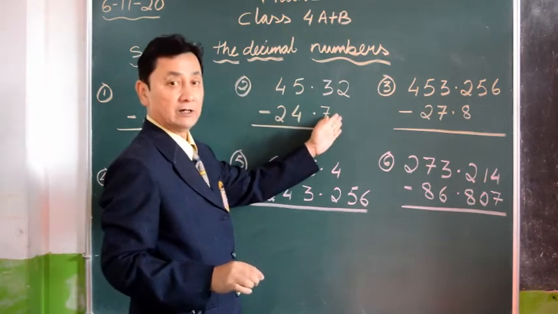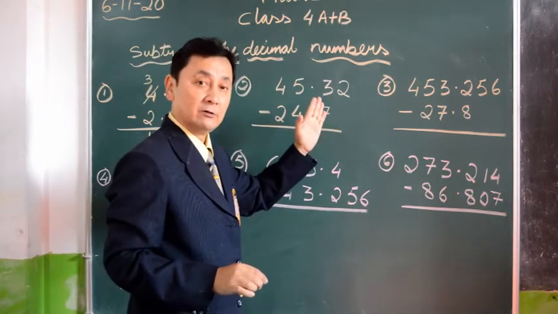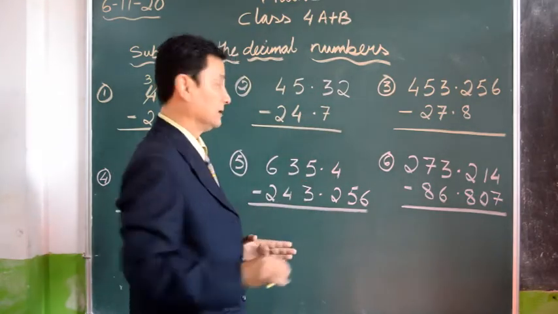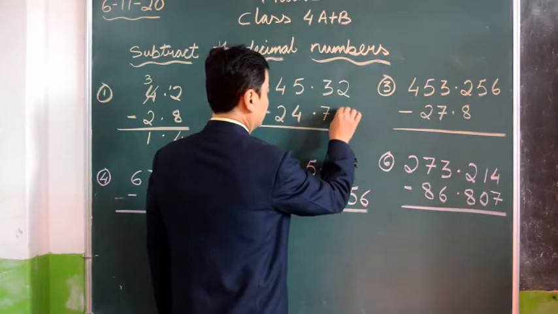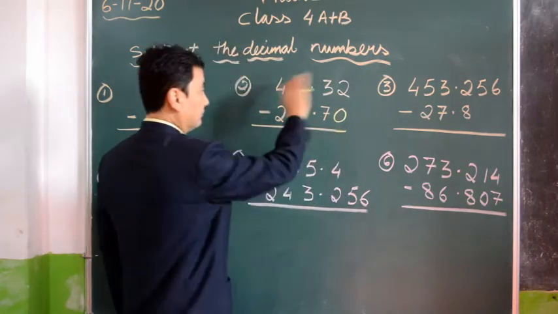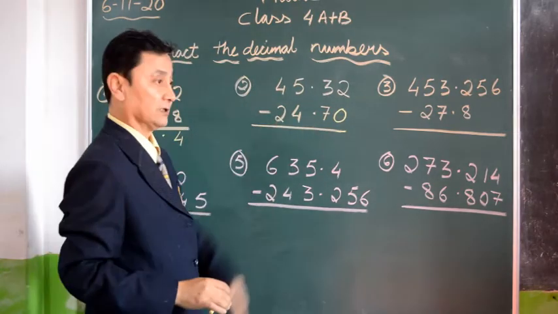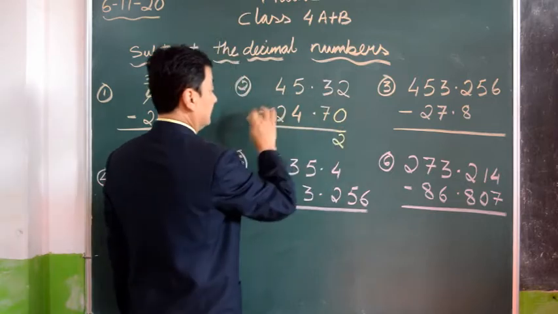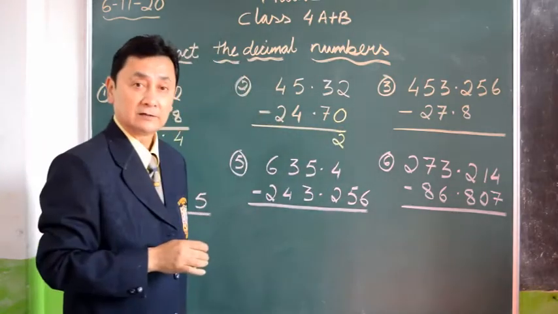Now here we have the second number, 45.32 minus 27.7. There is no number here. You can put a 0 or you don't have to, but it will be better if you put a 0, to make both numbers even. 4 digits, 4 digits. 2 minus 0, 2. 3 minus 7. Can we subtract?